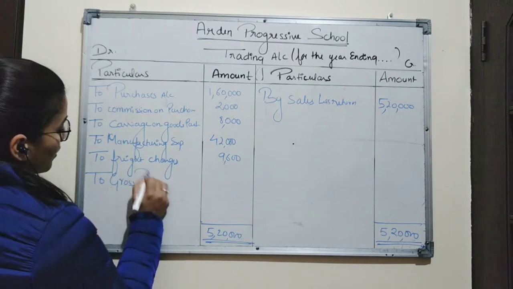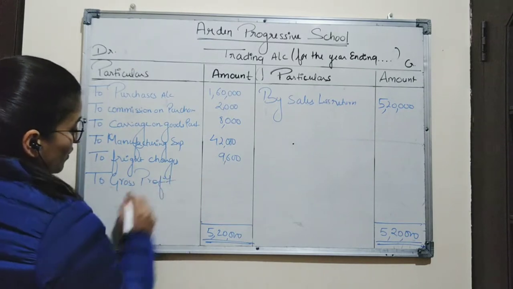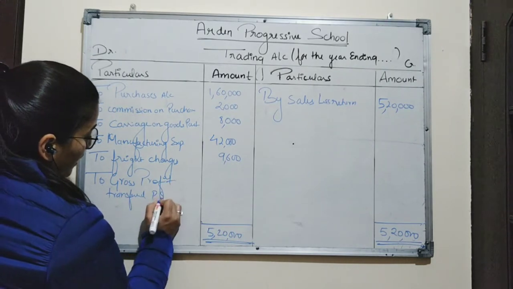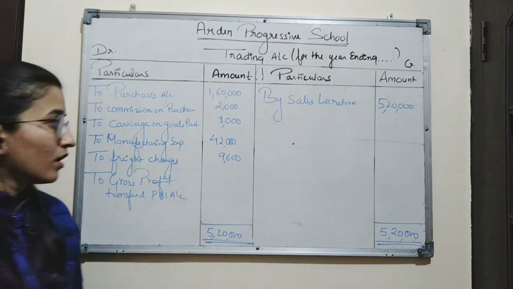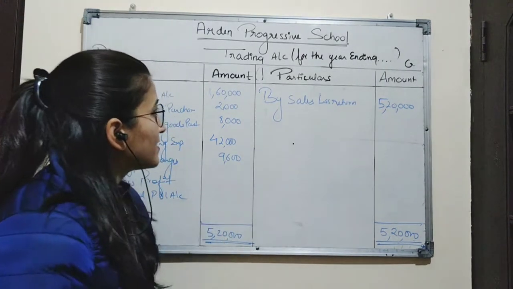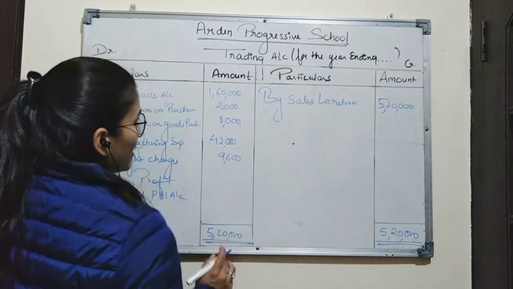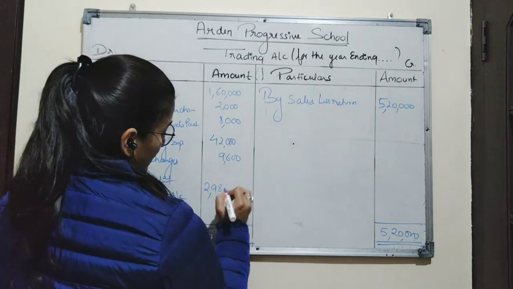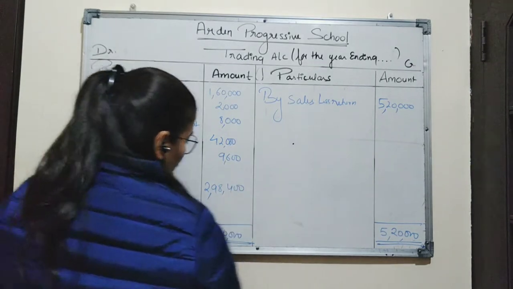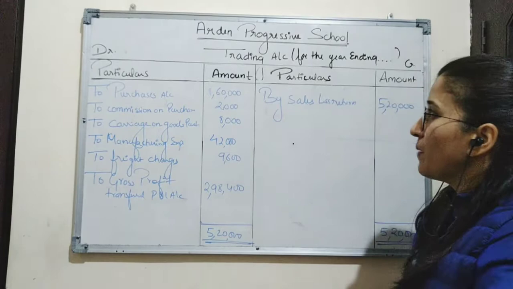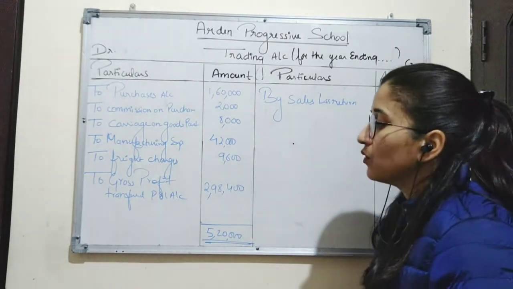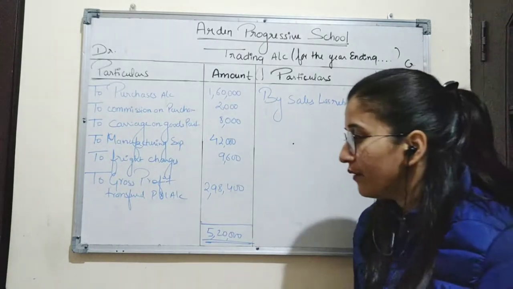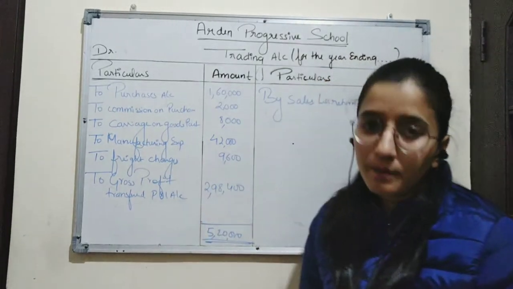This balancing figure is gross profit, which will be transferred to P&L account. Now we will calculate the balancing figure here. The balancing figure amount will be 2,98,400. So by preparing trading account, we have calculated the gross profit amounting to rupees 2,98,400, which will be transferred to P&L account.